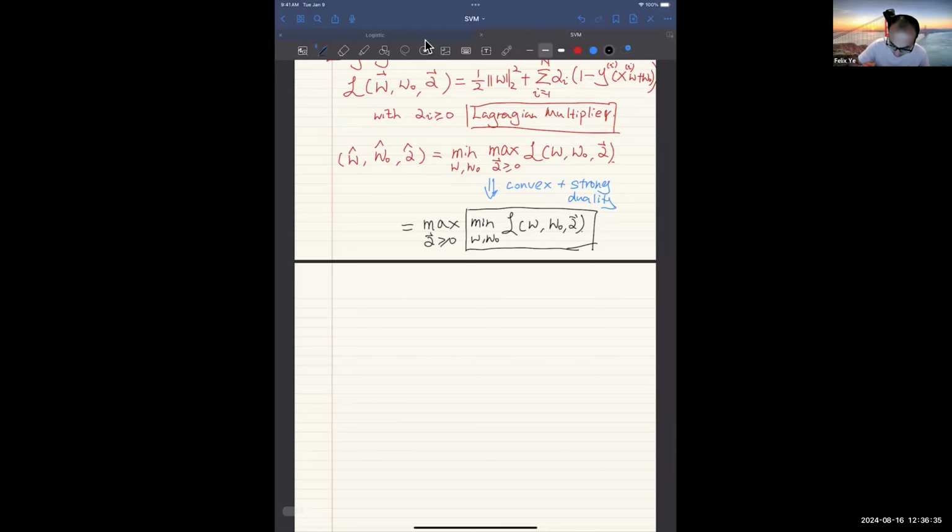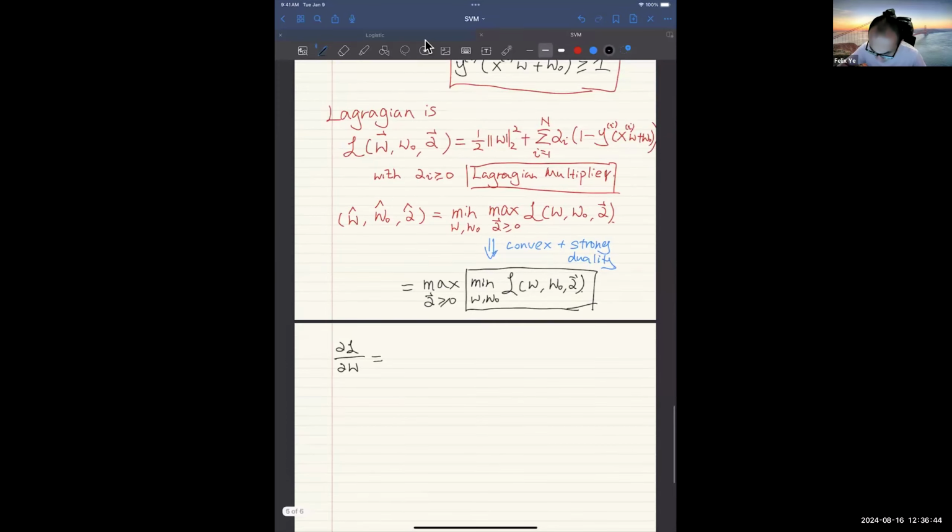That means we take the partial derivative of the Lagrangian with respect to W. This is W minus the summation of i from 1 to n of alpha i, yi, xi transpose. There's also another component: we take the partial derivative with respect to W0, the intercept.